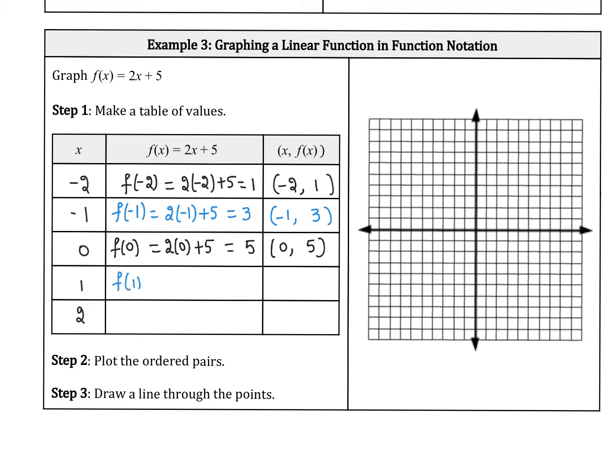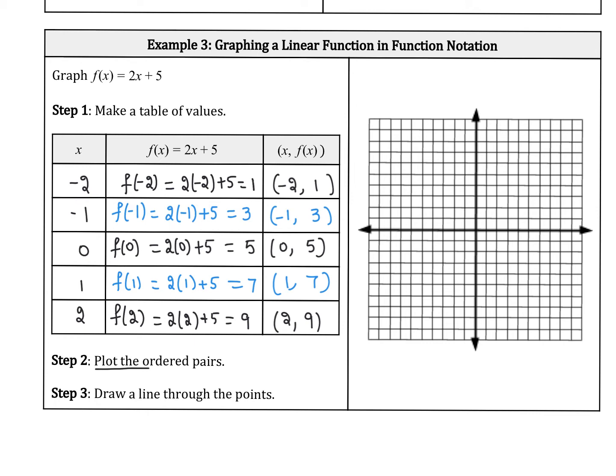So f of 1 equals 2 times 1 plus 5, and that's 7. 1, 7. Next value is 2. So f of 2 equals 2 times 2 plus 5, and that's 4 plus 5 is 9. Our point is 2, 9.